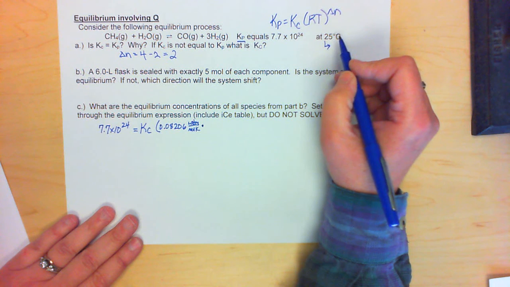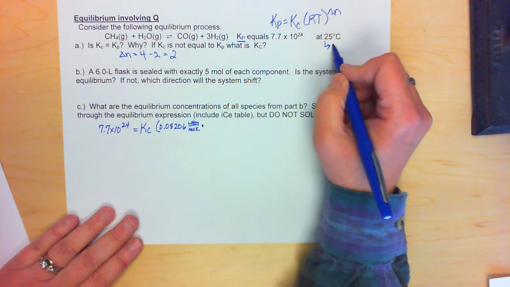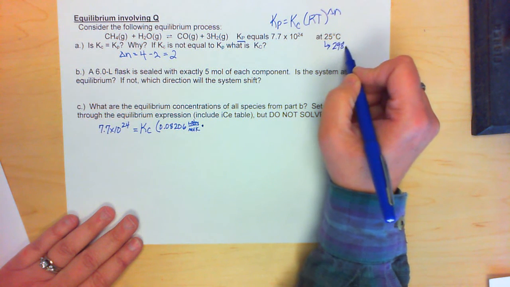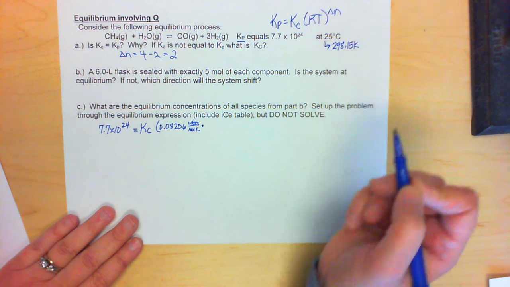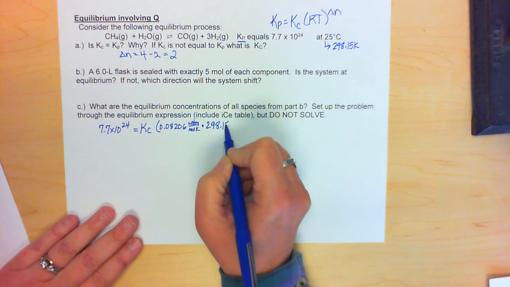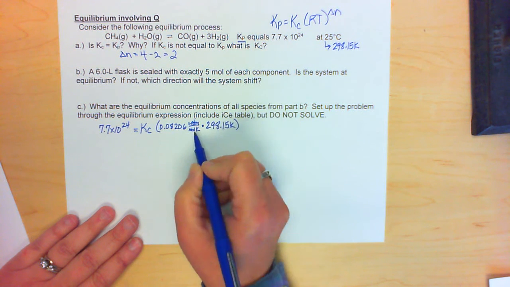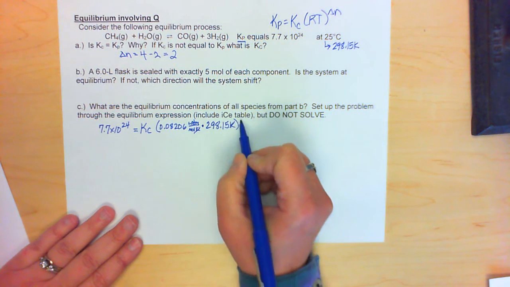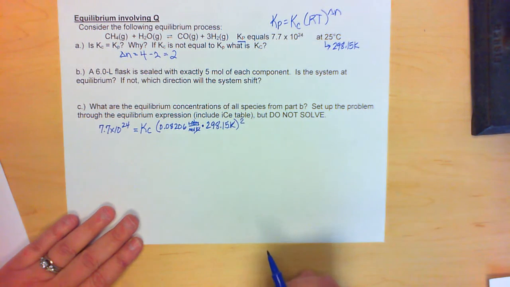So 25 degrees C is 298.15 K. So we're going to do 298.15 K. Now, my K's cancel, life is good, and we're going to square this.